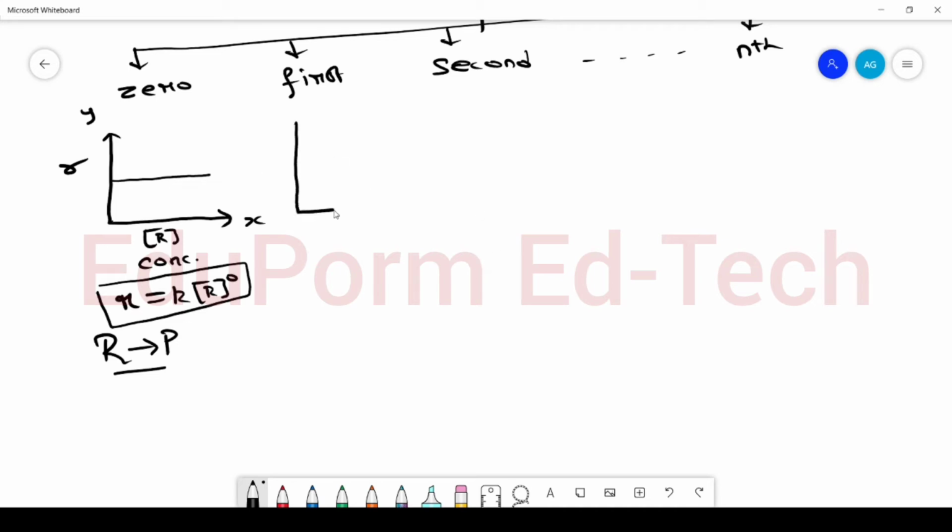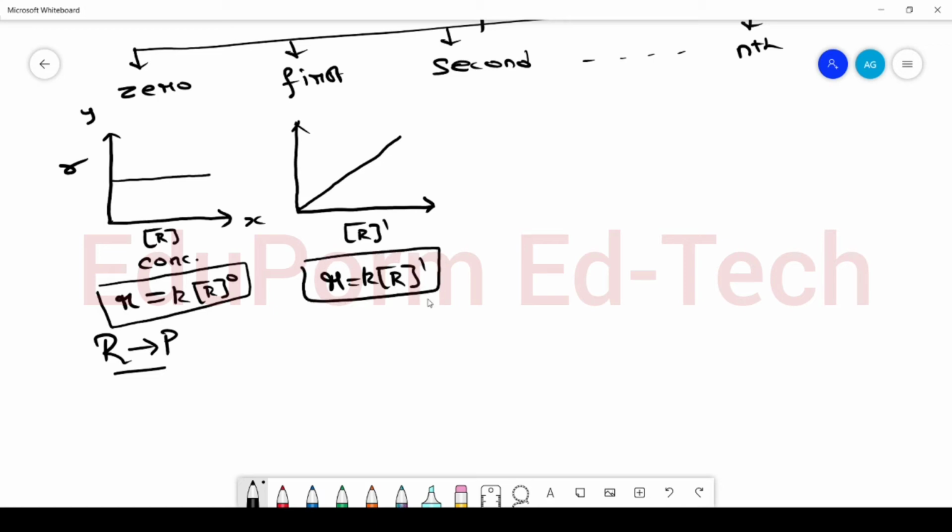Whereas in case of first order reaction, the rate increases with increase in concentration of reactant. That means the rate equation becomes R is equal to K [R] to the power 1, where K is the rate constant. So in the case of first order reaction, with increase in concentration of the reactant, the rate also increases.